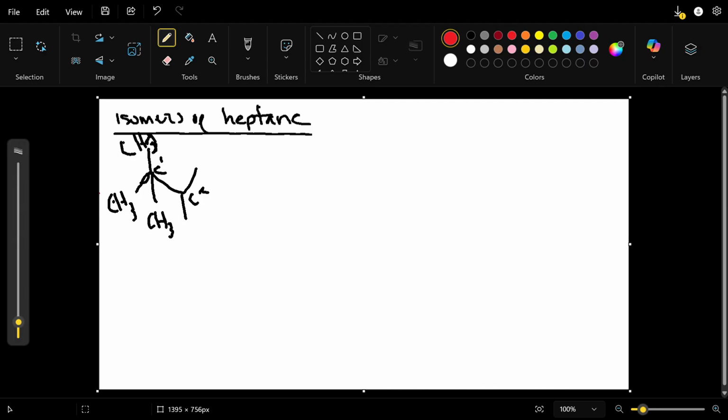And so for that part, you're mainly looking just around this part. You're not worried about what's over here. You're just worried about what's around the first carbon. And so the way I do it, sometimes I like to turn it around, but I believe the way I thought about it, sorry, let me just do it over here. I don't like it right there either. I'm a little picky.